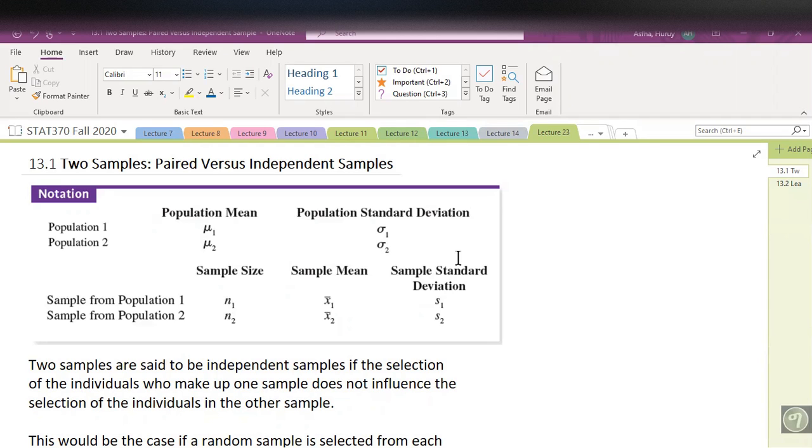It will be in the coming lecture, I guess. But we have seen how to construct and how to perform hypothesis tests about the difference of population proportions. So the notation is like this one. We have population notations or parameters, and we have the sample mean notation and sample standard deviation notation.